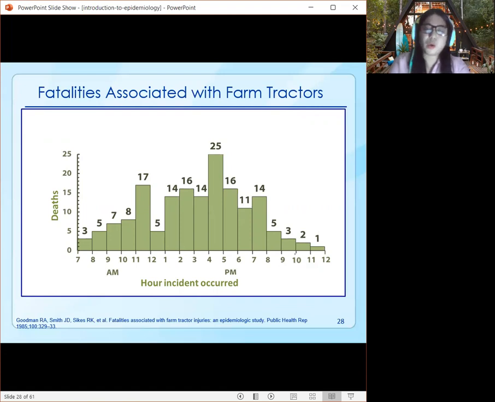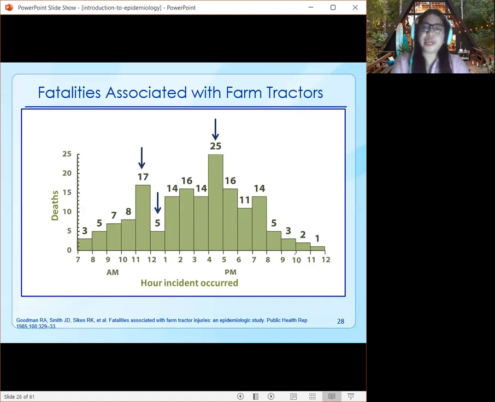Let's also consider the peaks of this graph. We have 17 and 25, between 11 to 12 and between 4 to 5 p.m. We can also notice that from 12 to 1 there is a decrease.